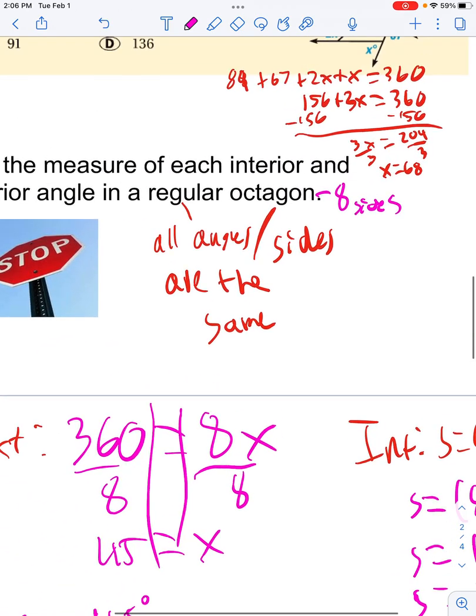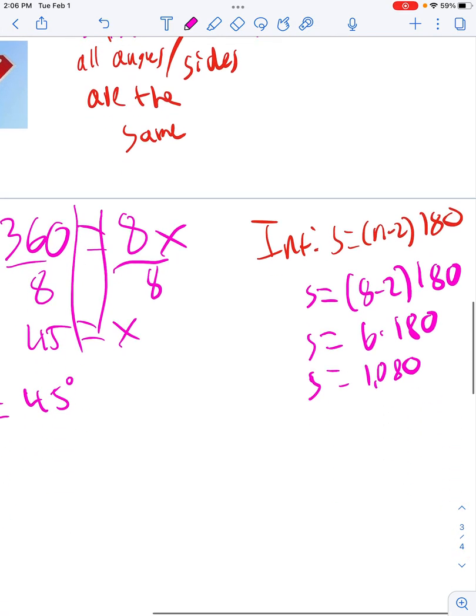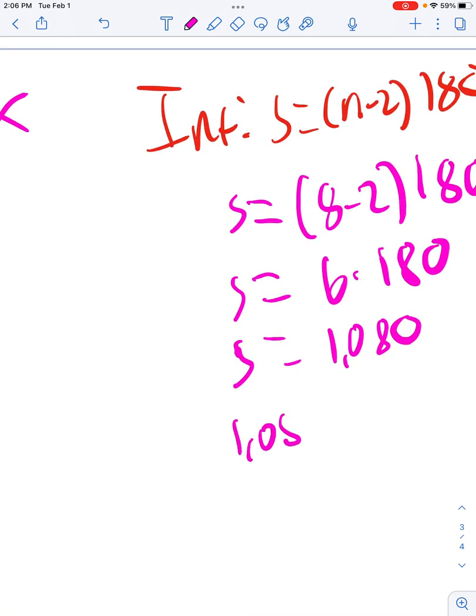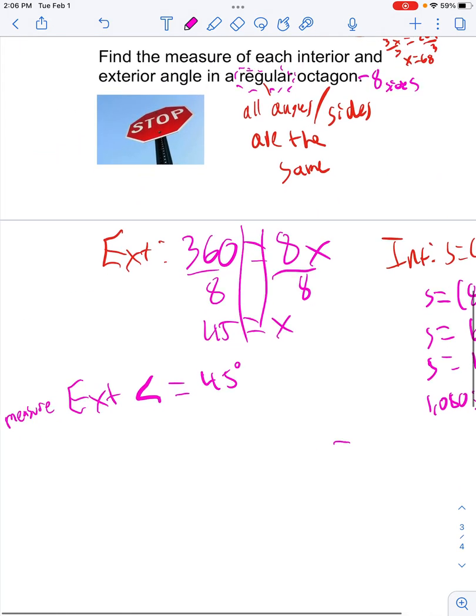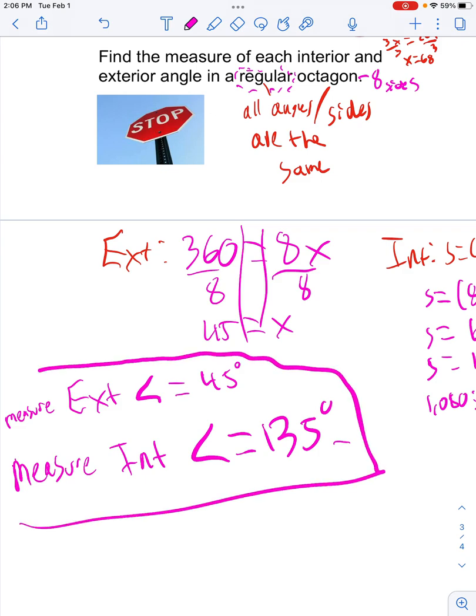And because of this word regular, I know that all the angles are the same. So I'm going to take my total amount of angles and divide it by the number of sides and get 135. So the measure of an interior angle is 135 degrees. There you have it.